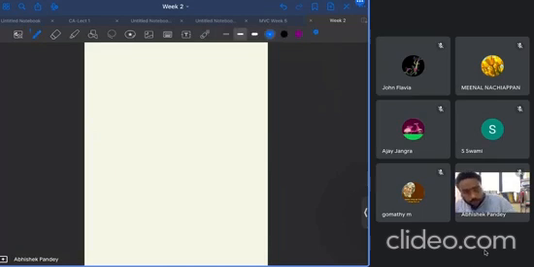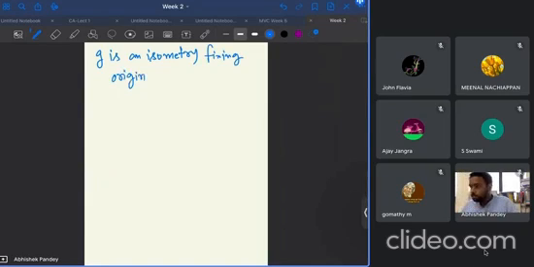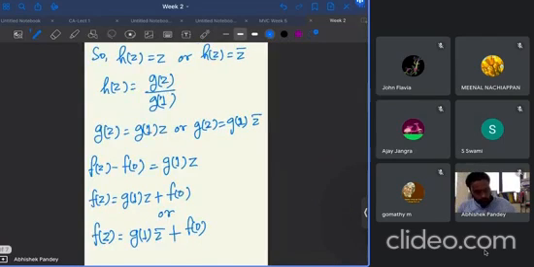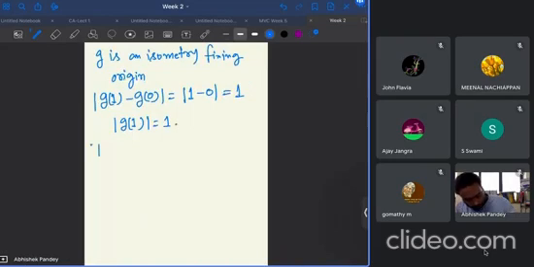As we know that g is an isometry fixing origin, it means that the modulus of g of 1 minus g of 0 is equal to the modulus of 1 minus 0, which is 1. So the modulus of g of 1 is 1.